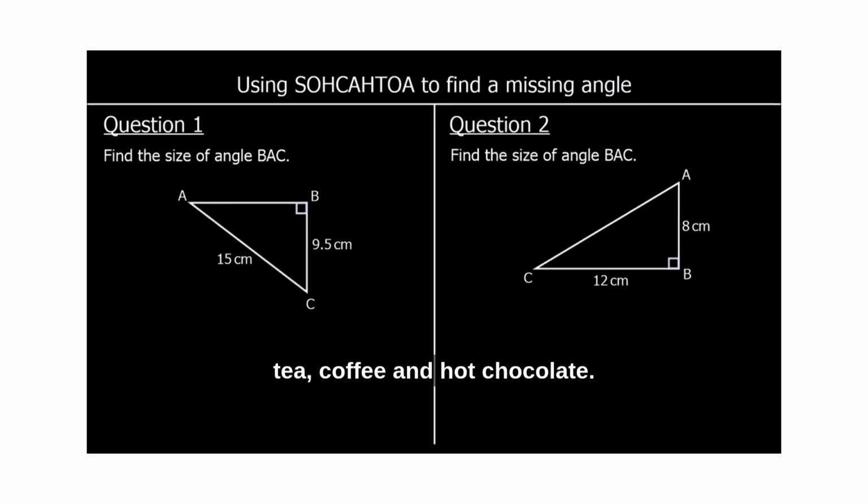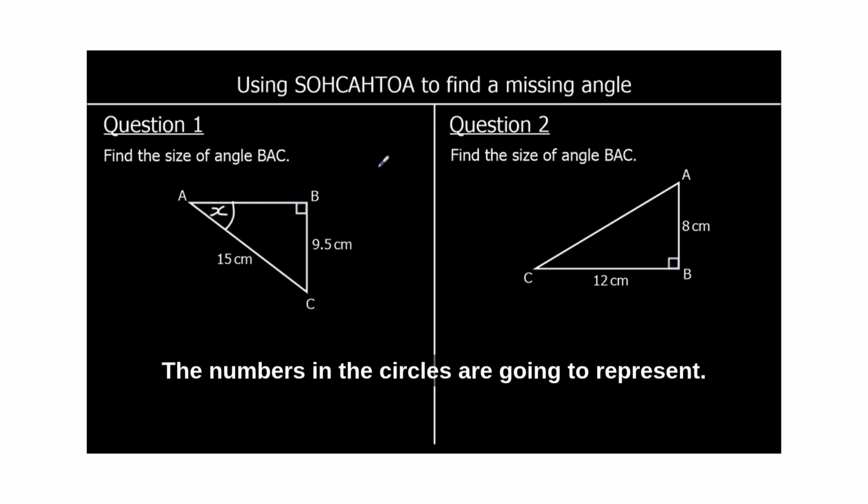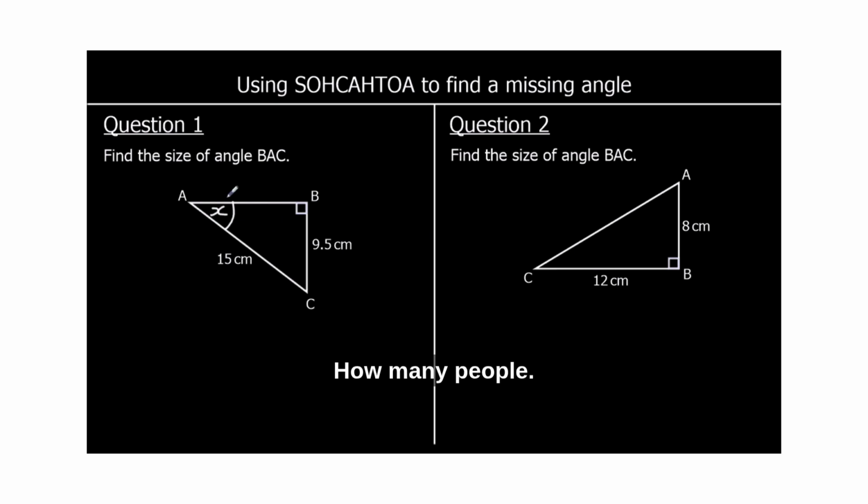Okay, question 1, find the size of angle BAC. So B to A to C, that's this angle. Let's start by labeling the triangle. So the hypotenuse is the longest side, opposite the right angle. The opposite is opposite the angle we're using, and the adjacent is in between the angle and the right angle.